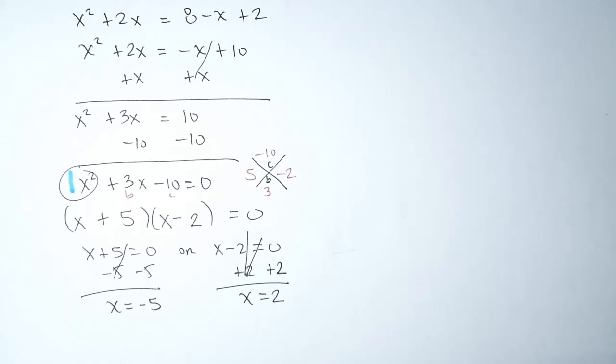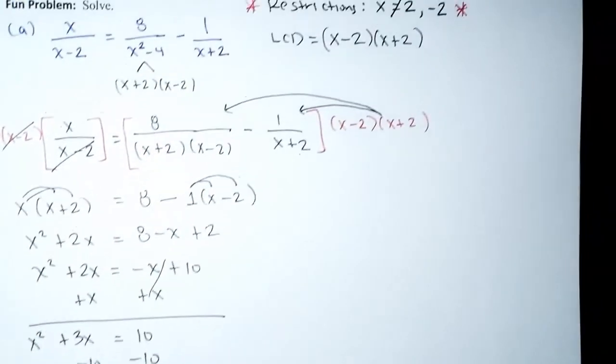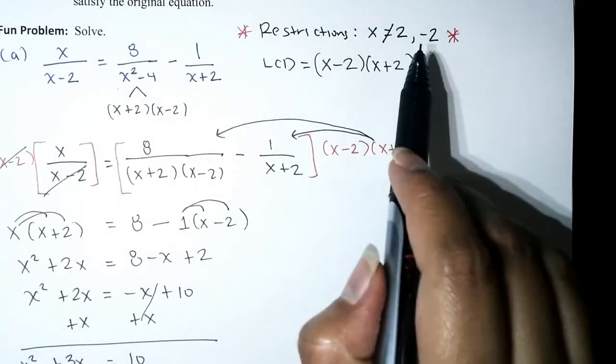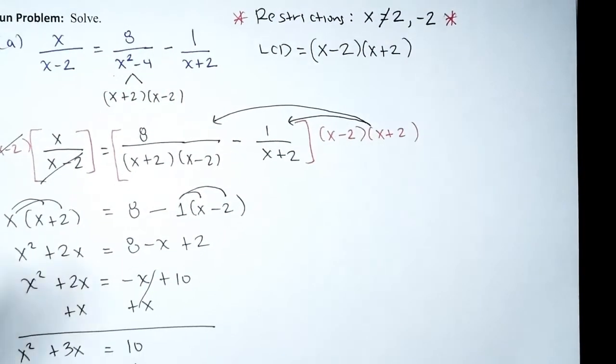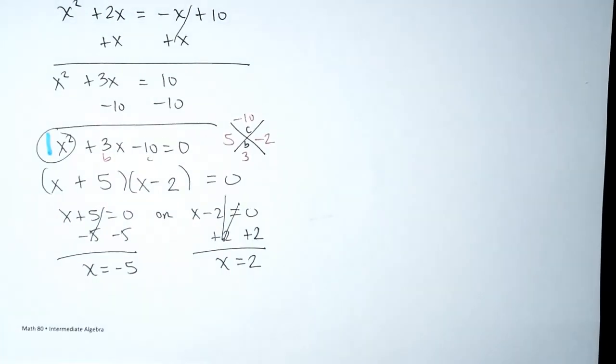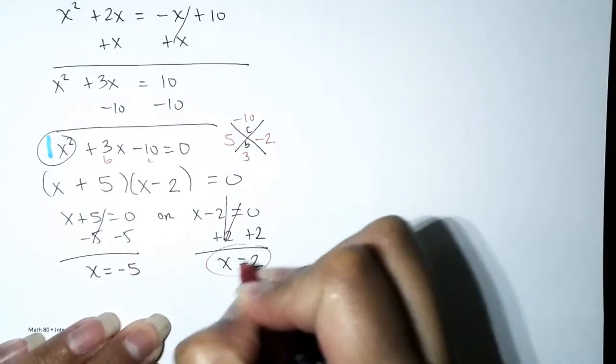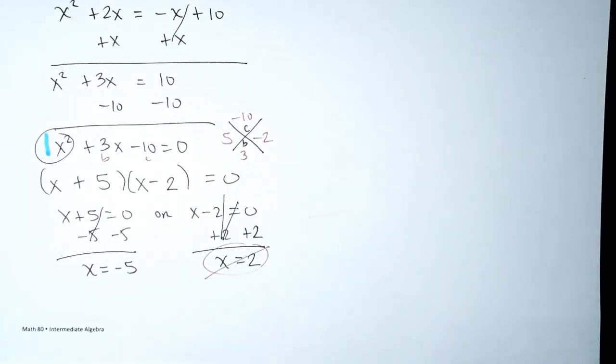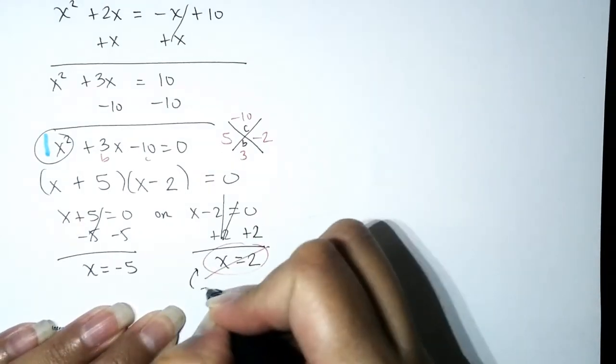We had said x could be anything except for 2 or -2. So 2 cannot happen. If you want to impress your friends, you tell them that 2 is an extraneous solution.